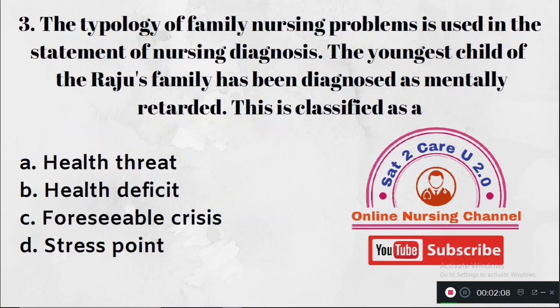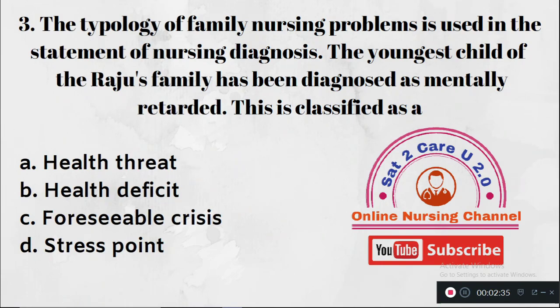Question number 3. The typology of family nursing problems is used in the statement of nursing diagnosis. The youngest child of the Raju's family has been diagnosed as mentally retarded. This is classified as option A, health threat. B, health deficit.